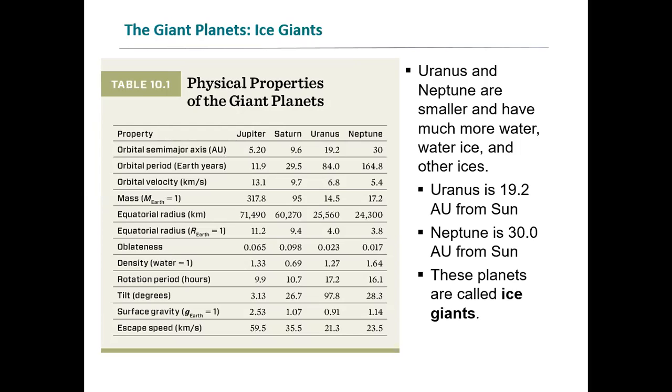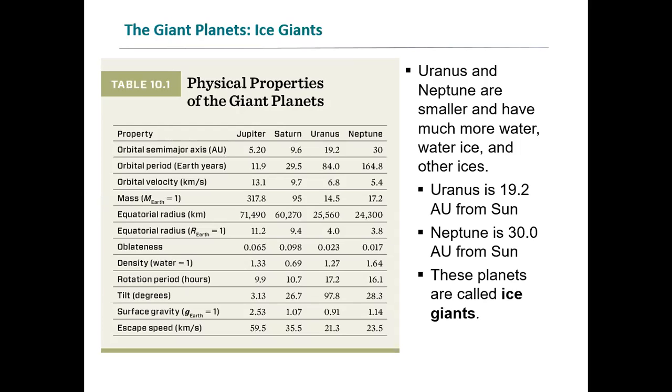Something else that's kind of interesting is the actual tilt. The tilt of Jupiter is only about 3.13 degrees, so you wouldn't expect it to have extreme seasons. Saturn actually has 26.7 and Neptune has 28.3, so they're sort of like we expect on Earth with our 23.5 degree tilt. But the crazy thing is Uranus is actually tilted.